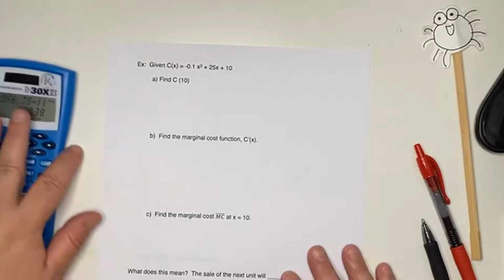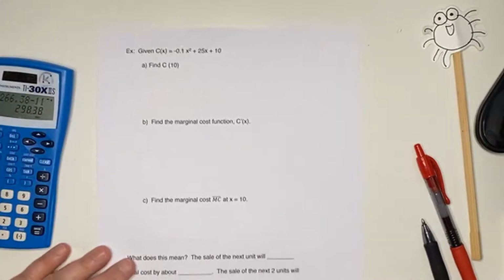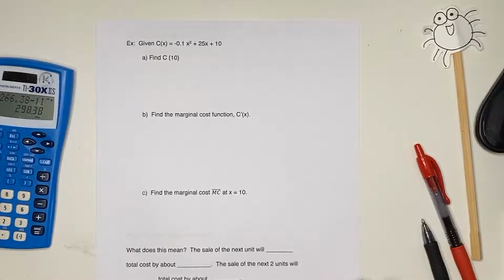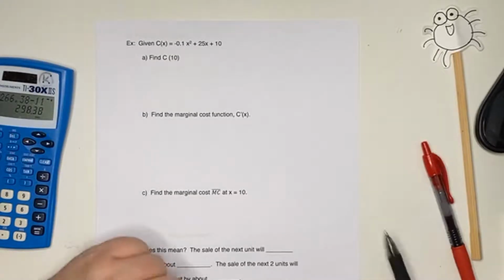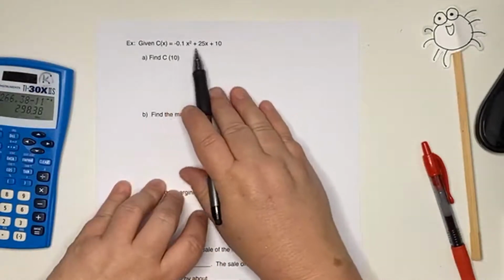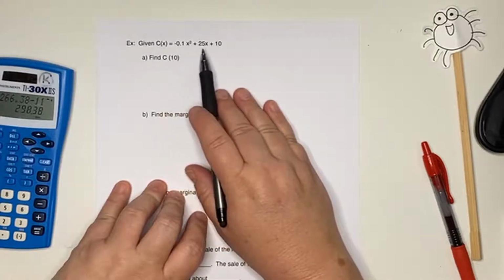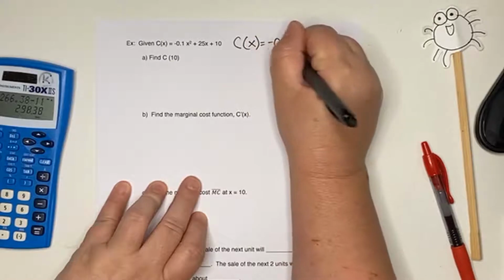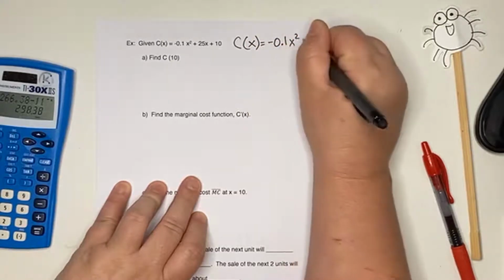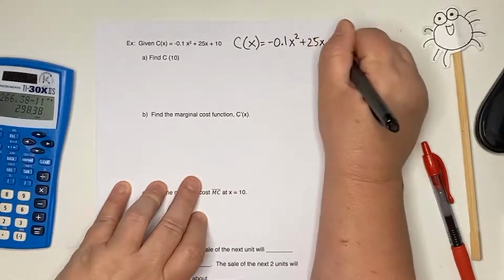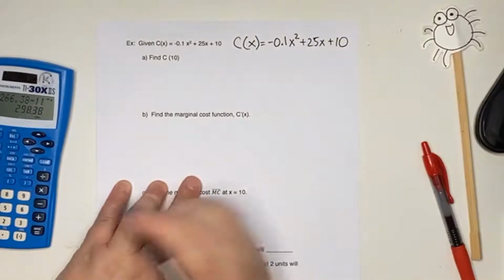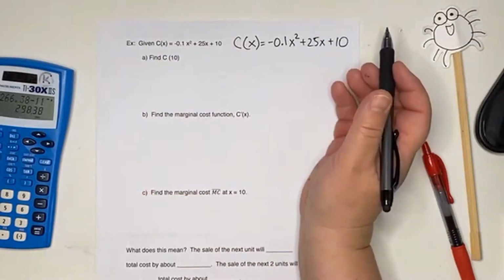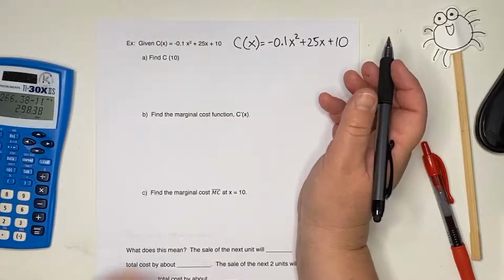Woohoo! Okay, this is a cost function. Very similar, except it's easier to spell. Here's our cost function. Our cost is negative 0.1 times x squared plus 25x plus 10. I want to find C of 10.